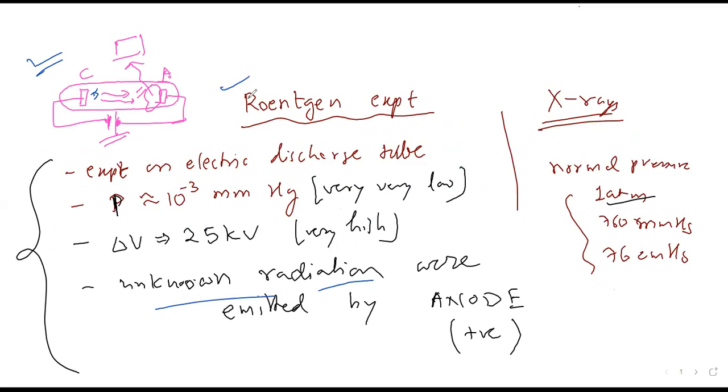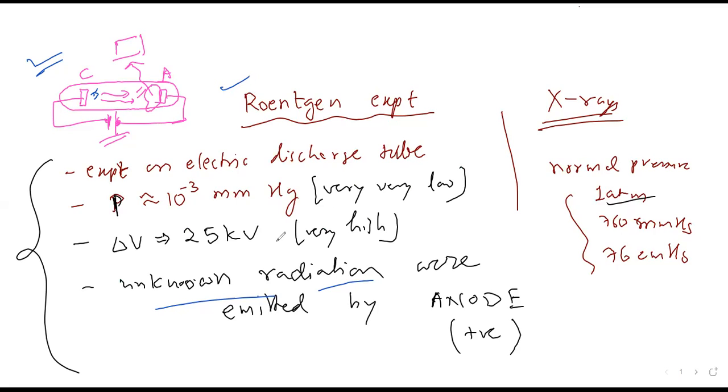Probably because of cancer. Correct. All those scientists, including Madame Curie, her husband, everyone who was doing research on dangerous electromagnetic waves, almost all of them have died due to cancer.